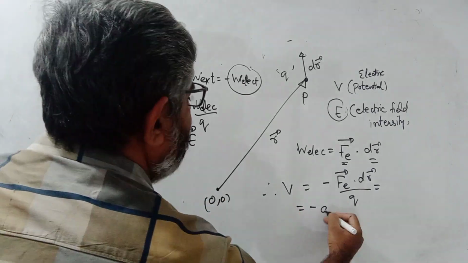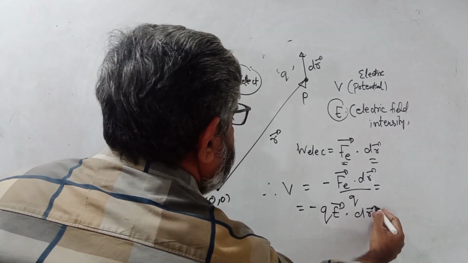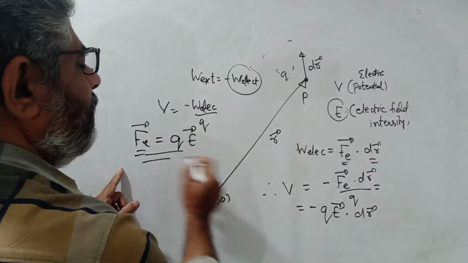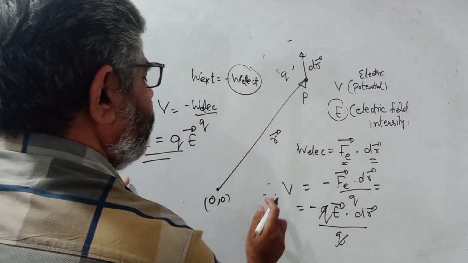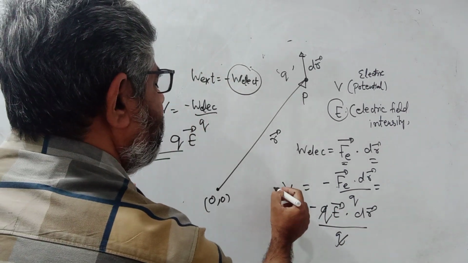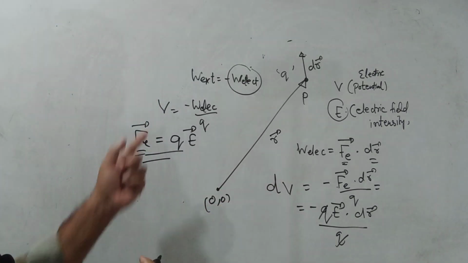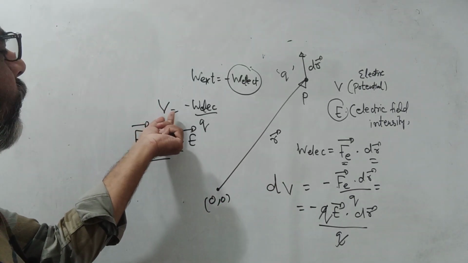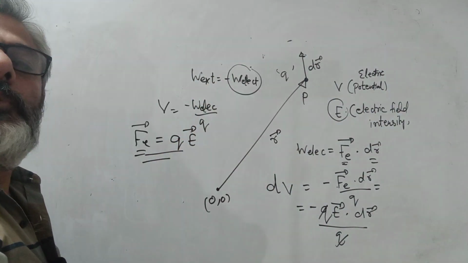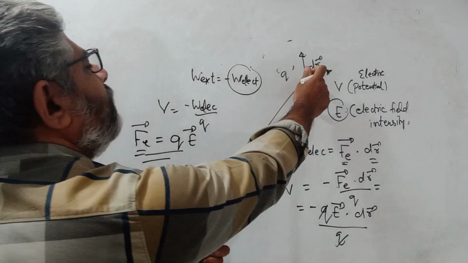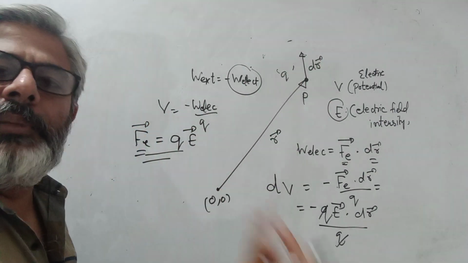So we can write it as minus QE dot dr, since instead of force I am writing this equation here, upon Q, so Q and Q cancel out. And we should have written actually dV, because when I am saying potential, it is the work done in bringing it from the reference point to the given point, and if I am displacing it by a dr, this V is replaced by dV, the change in potential.